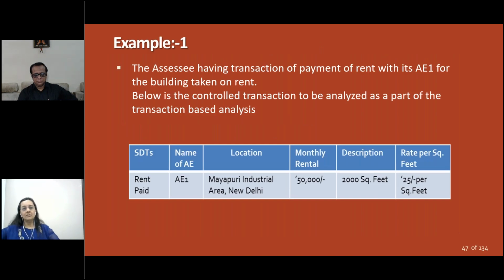So I have an example here. For example, an AE took a place on rent from another AE for a monthly rental of 50,000, and the rate per square feet became 25 rupees a square feet, and it was required to prove what is the arm's length in this case.